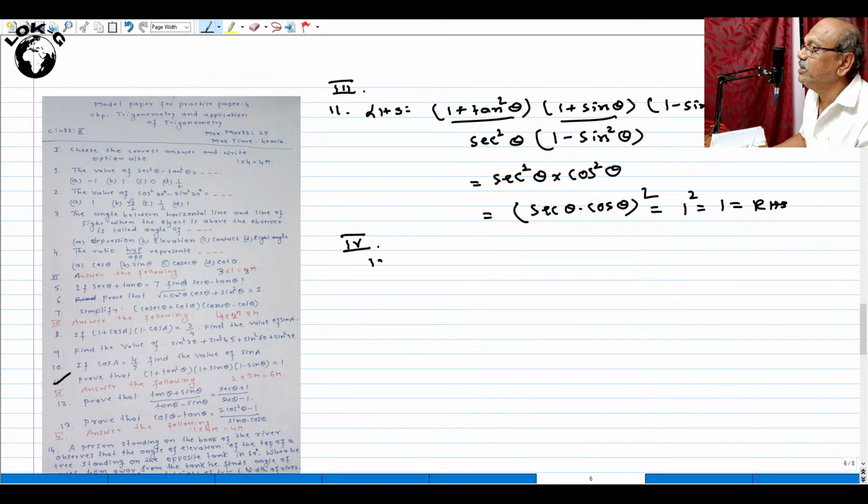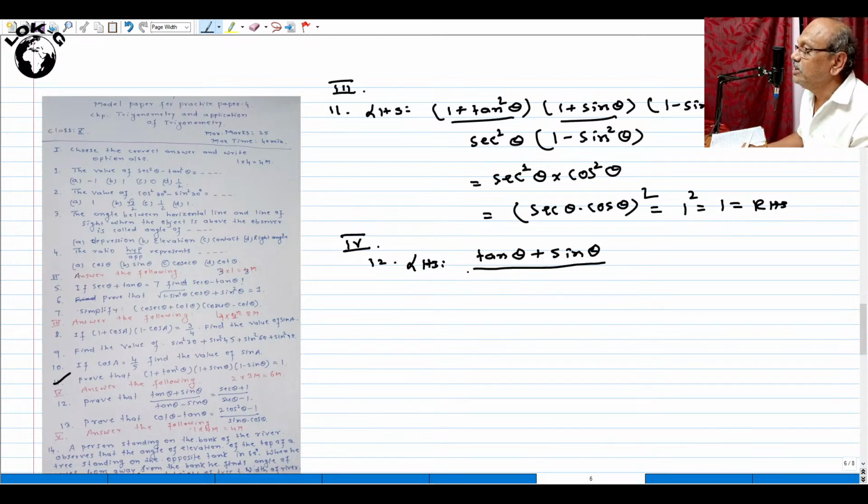the trigonometry. Very easy. Take LHS. The problem is, prove that tan theta plus sine theta upon tan theta minus sine theta is equal to, let us write the numerator, tan theta plus sine theta, and the denominator, tan theta minus sine theta. These are 3 mark questions. You will have 1 or 2 steps more. Now what you can do is write tan theta using the tangent ratio.